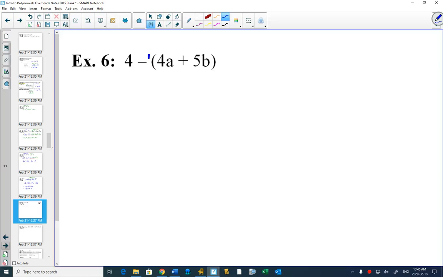Because this negative outside in front is really like a -1. And that -1 has to get distributed prior to solving anything else. So here, we'll still have the 4. -1 times -4, 4a. And -1 times 5b would be -5b. Do we have any like terms? No. So as a result, our final answer is done.